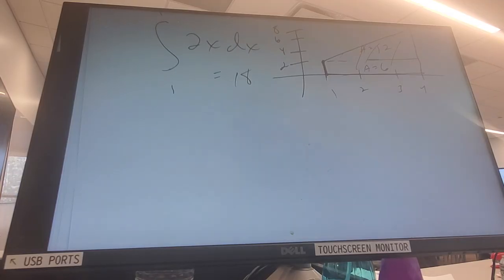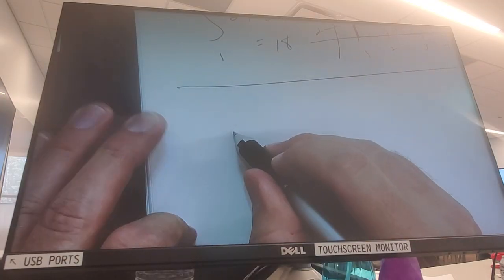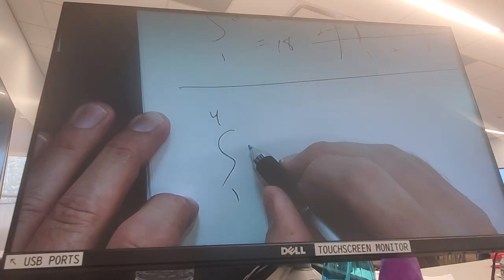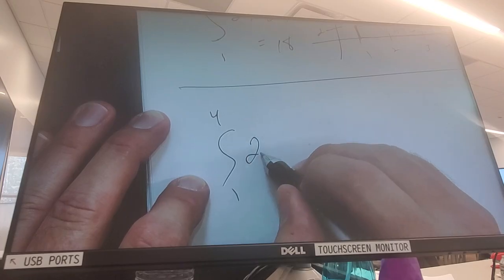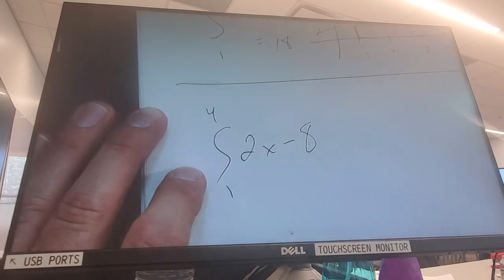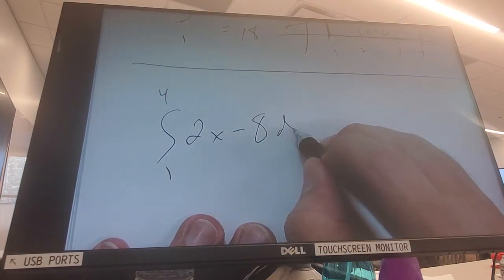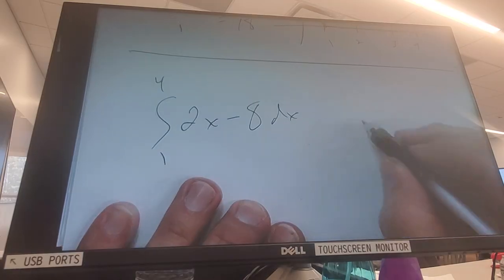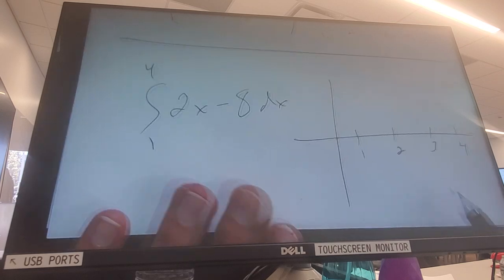So for example, let's see if you guys can handle this one more time. Interval 1 to 4 of 2x minus 8 dx.